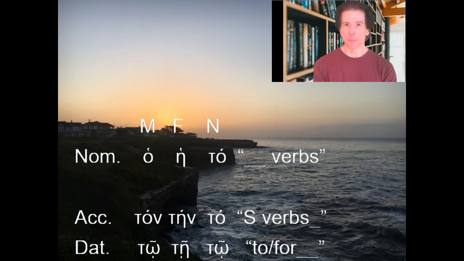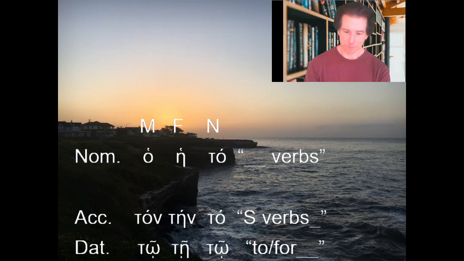But also just knowing the forms of the definite article is going to be a great hint and an easy way of knowing what case the noun it's attached to is in.